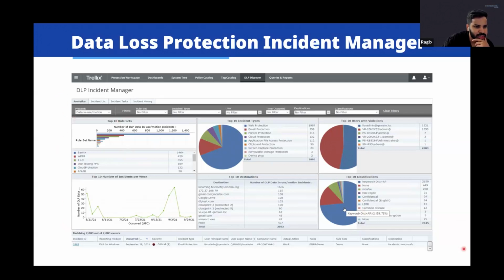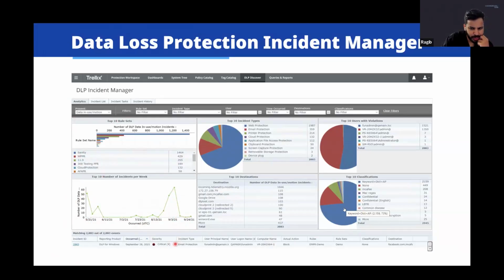We're looking at the analytics tab here. It gives you a big picture, with pie charts showing the top rule violations, incident types, which users are having the most issues, and the weekly trend. As you can see at the bottom, the 3rd of September definitely needs to be investigated, right?